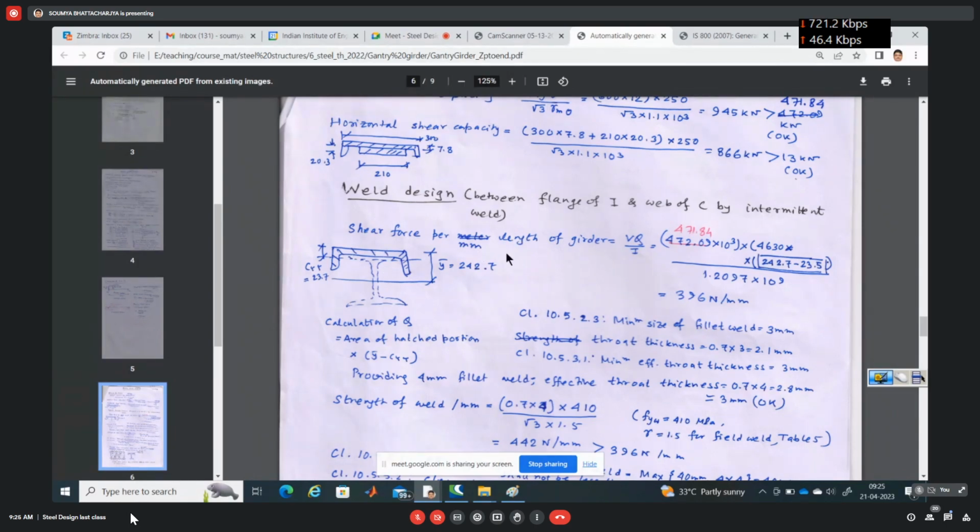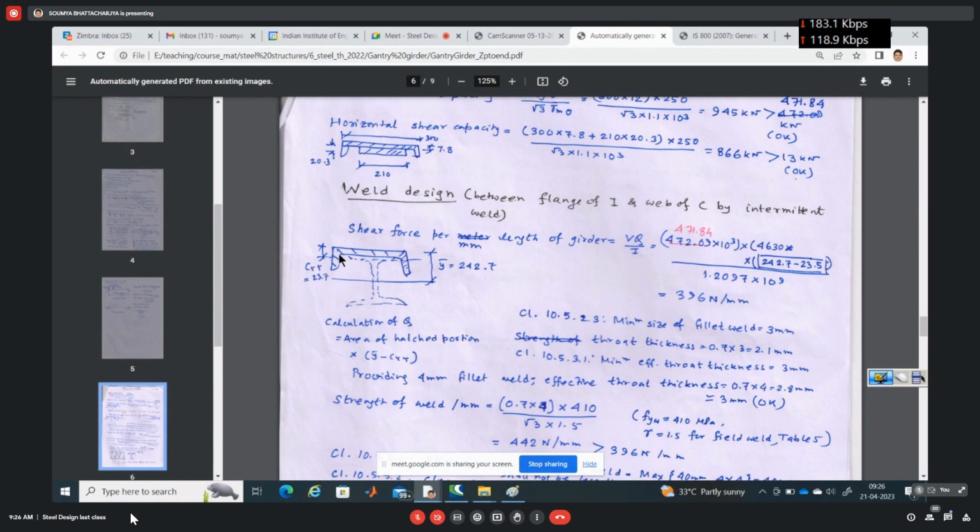longitudinal direction. Along the length, the shear force acting per meter length is given by VQ/I. So V is the factored shear force, Q is the moment of area from the CG of the channel section. Because this channel section is trying to slide over the I section, this interfacial shear force is acting in that fashion that the I section is a separate entity, the channel section is a separate entity.